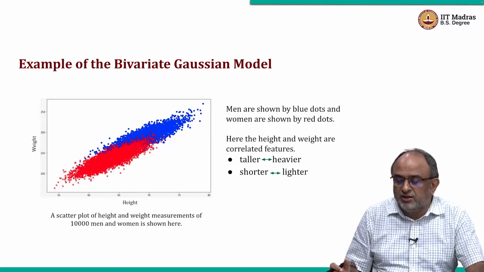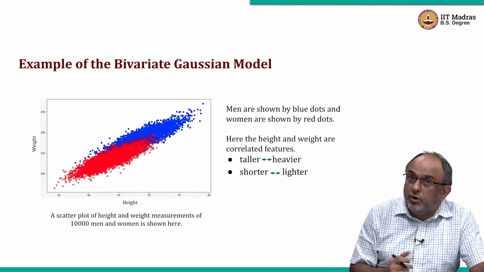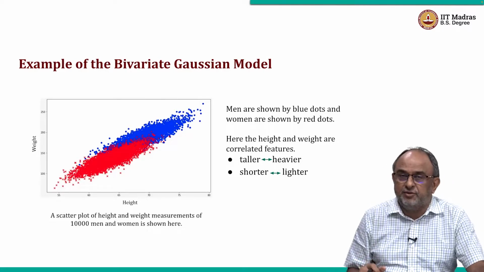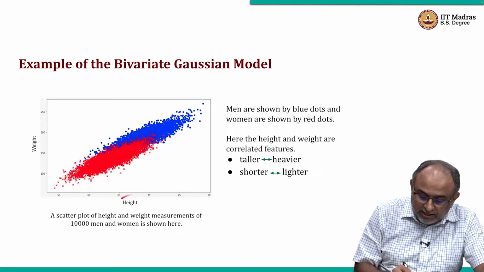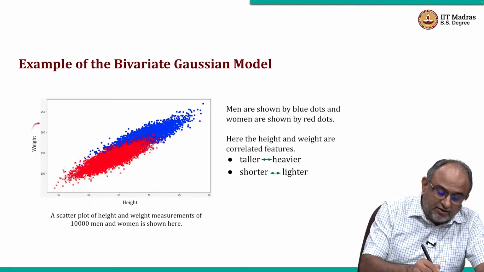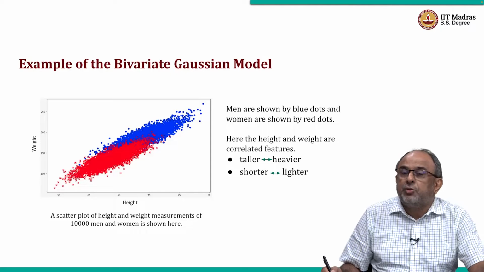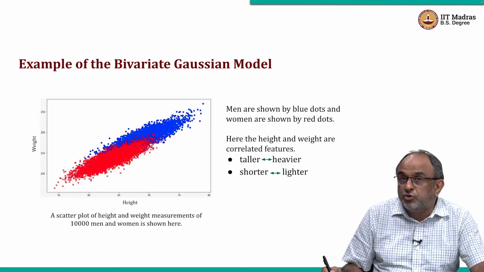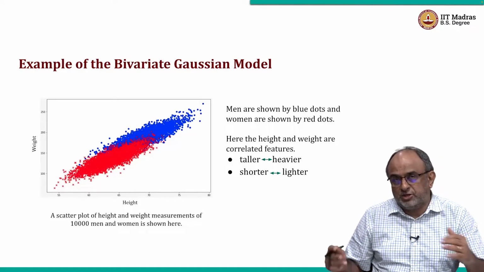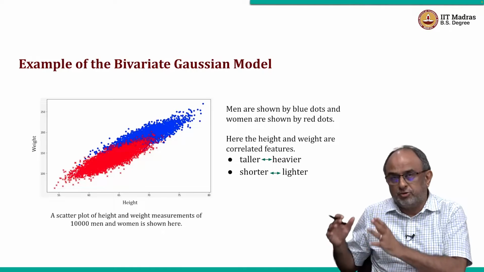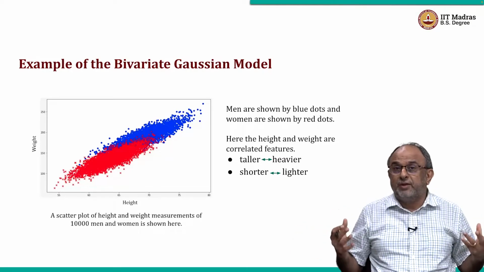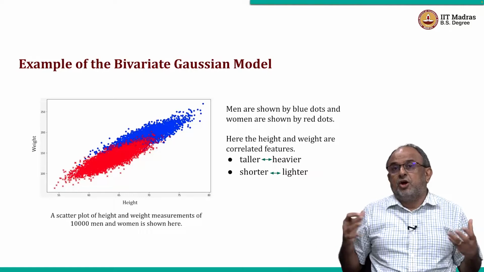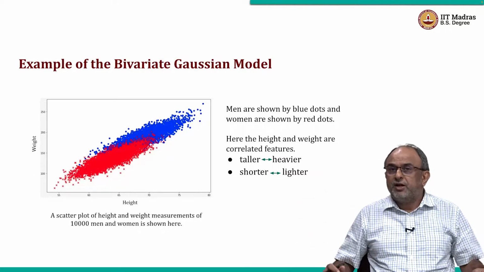So one way I can think of is to measure both the height and the weight, right? So I now have two measurements: a height measurement and a weight measurement. Both of these are useful, because generally males are taller and women are shorter. Therefore, I can use that as one indication of the gender, whether it's male or female.